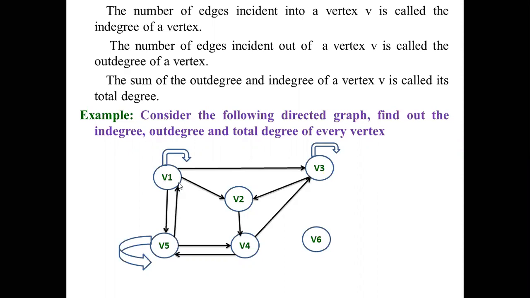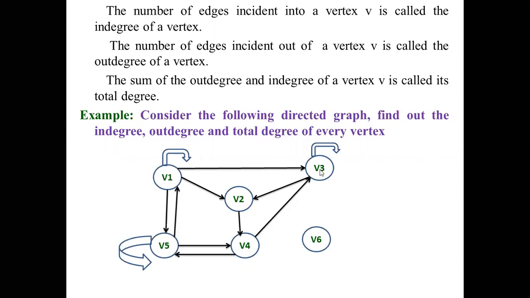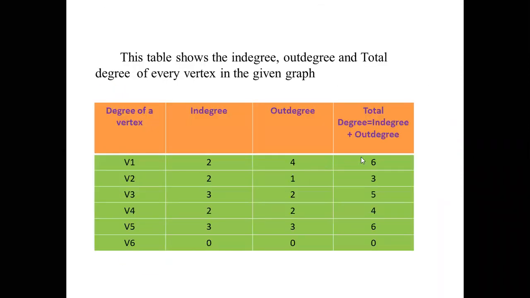And a self loop counts twice: one is out degree and one is in degree. So here one edge comes to V1, so 1, 2. In degree of V1 is 2. For the out degree, V1 to V3 one edge, V1 to V5 one edge, V1 to V2 one edge, and one more edge from the self loop. So the total out degree of V1 is 4. The total degree is 2 plus 4, which is equal to 6.